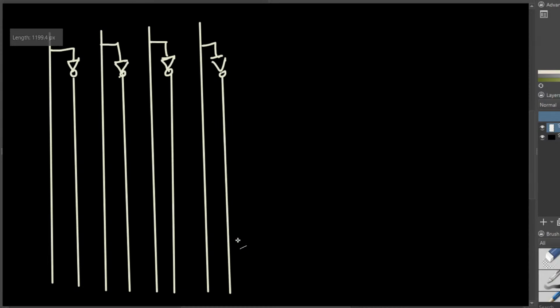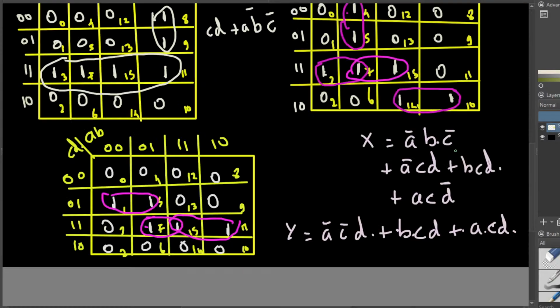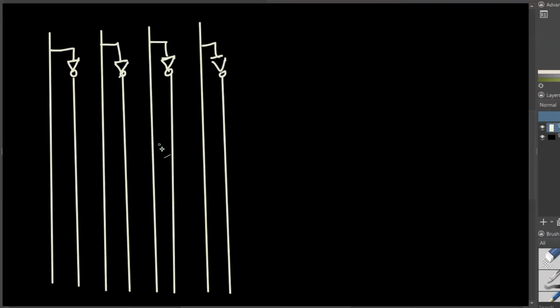Let's create, how many expressions do we have? 1, 2, 3, 4, 5, 6, 7, 8, 9. Let's create 9 lines. One line, let's use a different color for it.